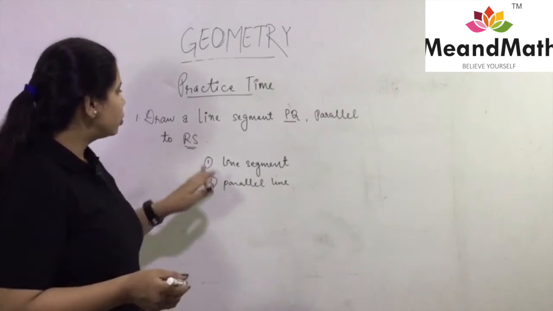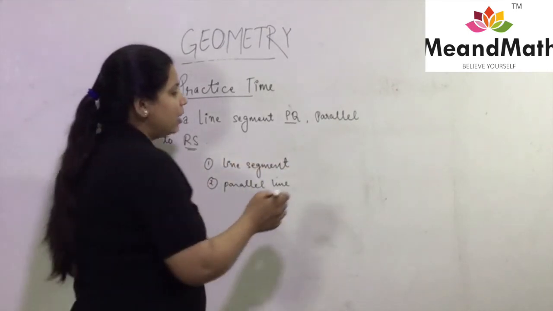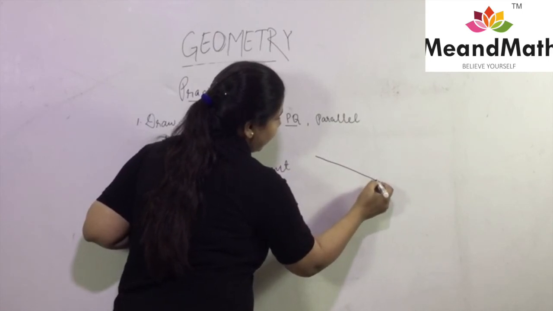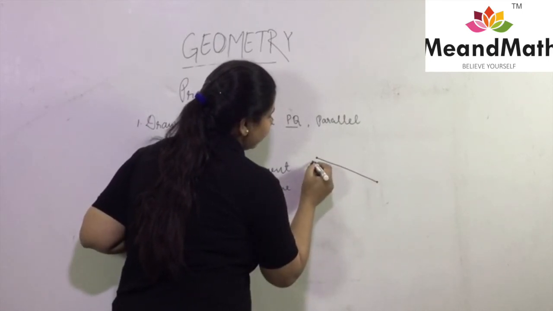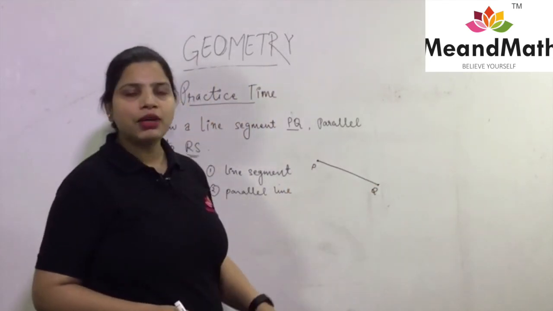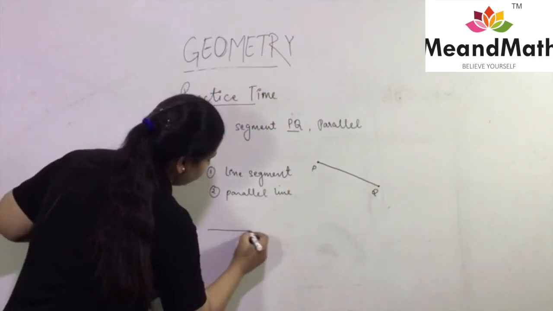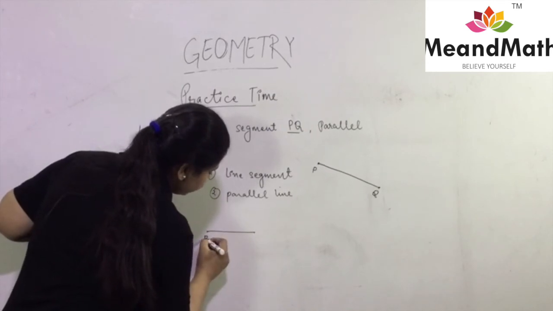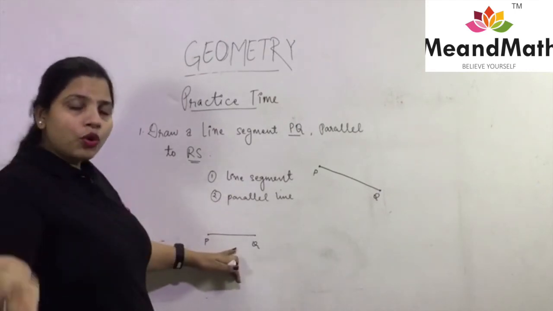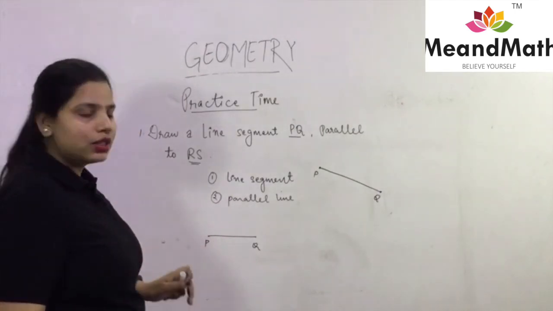Okay, so line segment PQ. I'll draw a line segment PQ, as I know that a line segment has two endpoints. So this is my line segment. You can draw it straight like this also. This is PQ. And you have to draw one more line segment which is parallel to this.